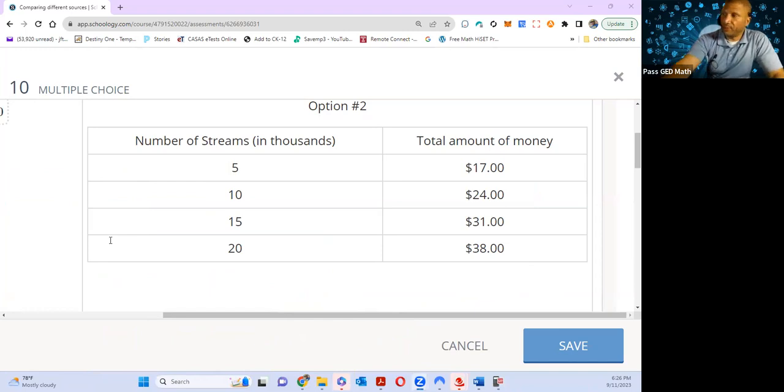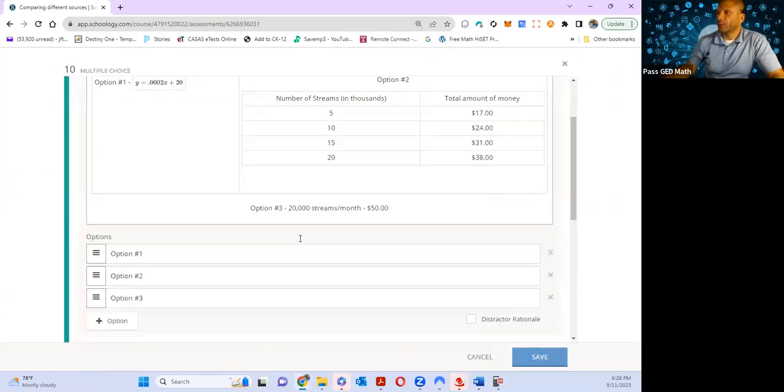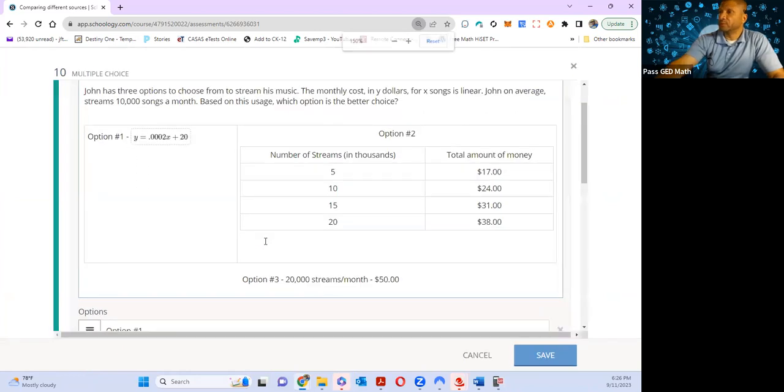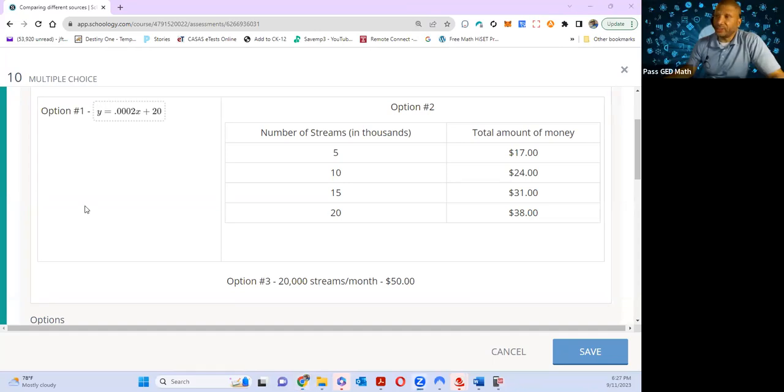Again, let me decrease the zoom so we can see the whole problem. Now, that's a little bit too small. So understand what this is saying. This is a constant, $10.